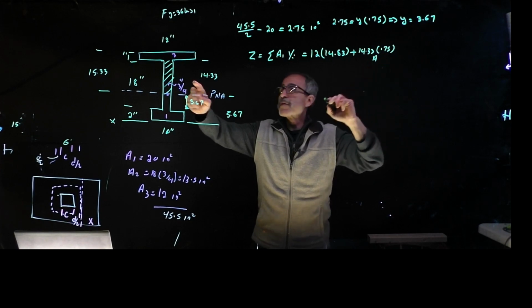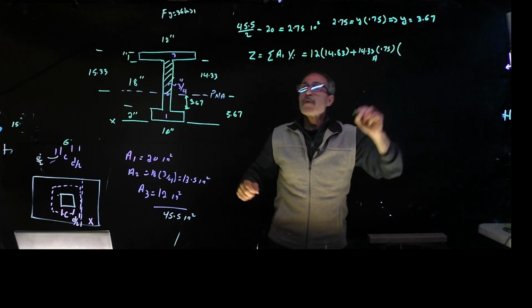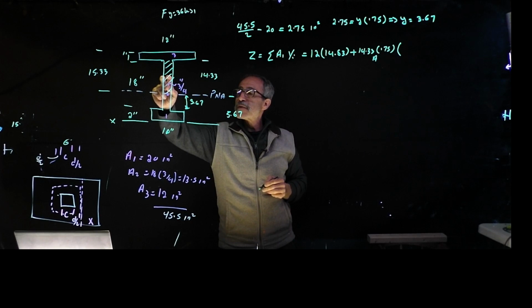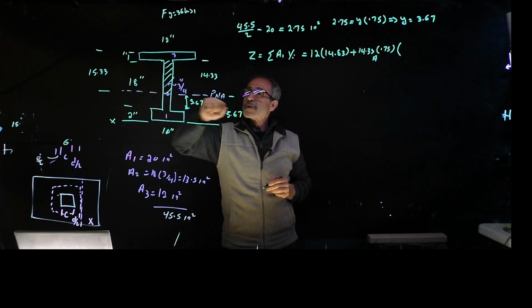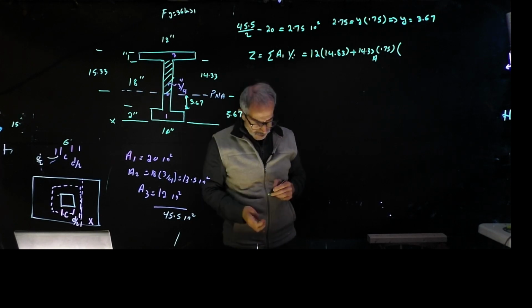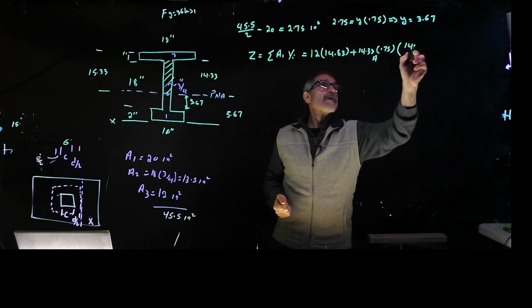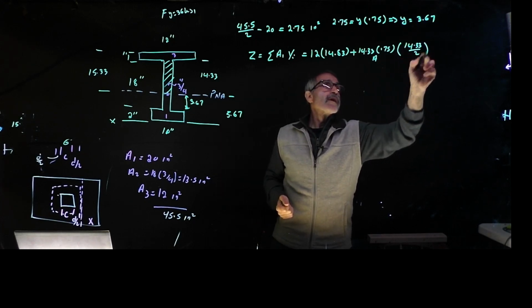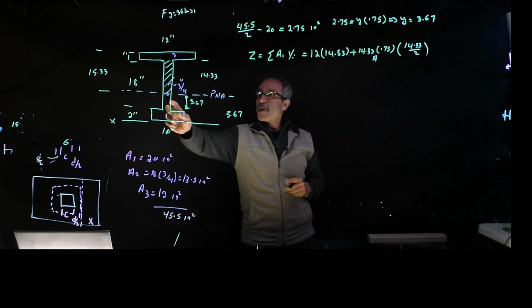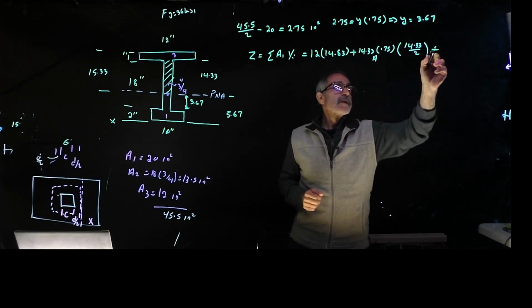That's just the area of this, and multiply the y, which is going to be from center of this to here. So it's 14.33 divided by 2. That's it.